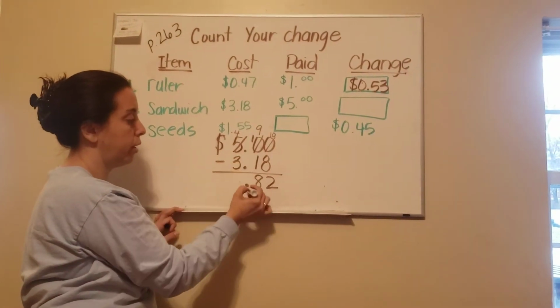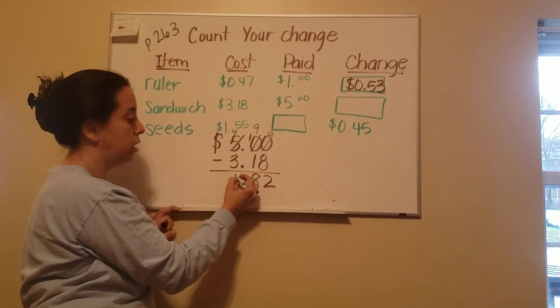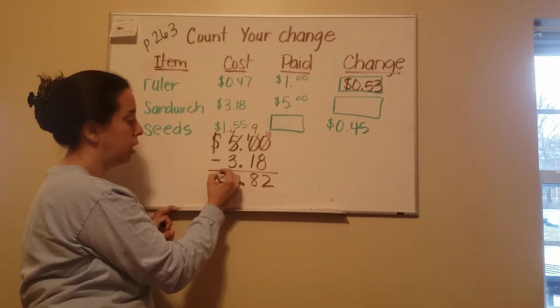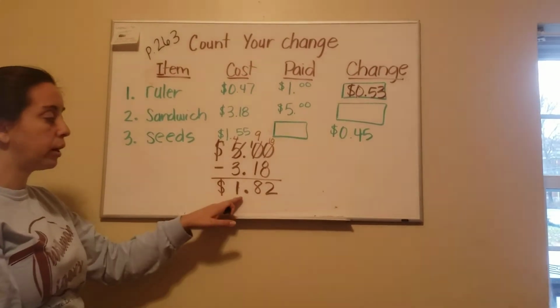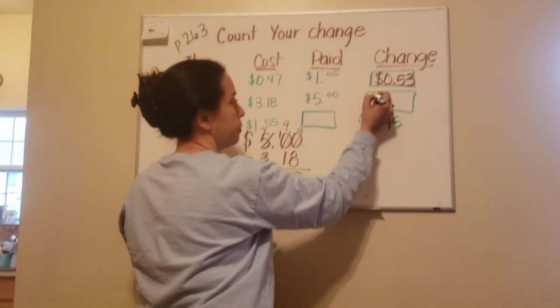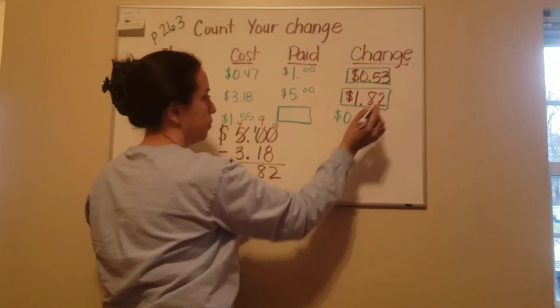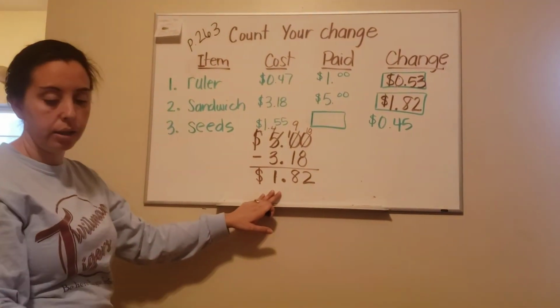Your decimal point falls straight down. 4 minus 3 is 1. And your dollar sign. So you are going to get $1.82 back. Okay, that goes in the blank.